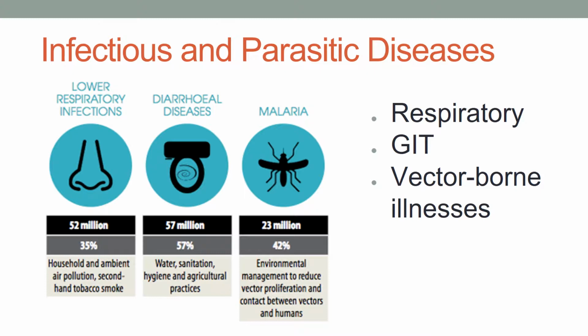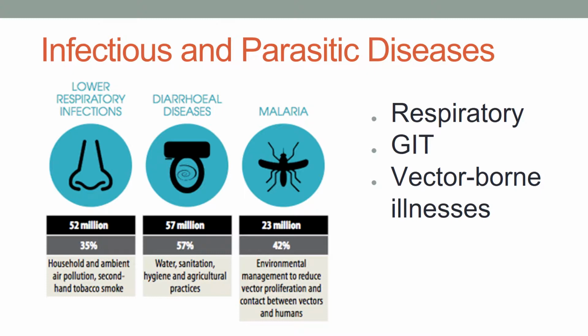52 million people each year will have lower respiratory tract illness related to environmental causes. Acute respiratory tract infections are common among the under fives, and it's a common cause of morbidity and mortality within the under 5 age group.